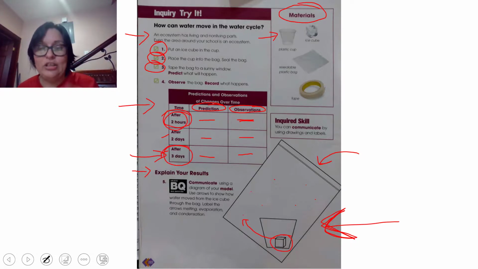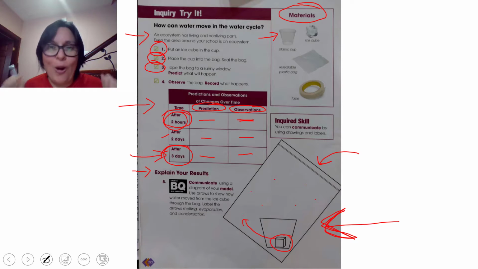Okay, only two pictures. The first picture you are going to take it today when you paste the bag in the window, and the second picture you are going to take it on Thursday, the final phase of the water cycle. So I hope you can do this experiment, and I need your results in this page.